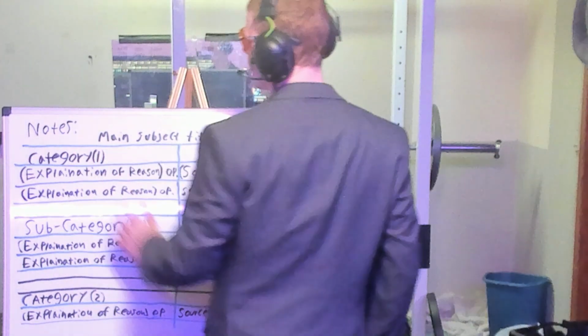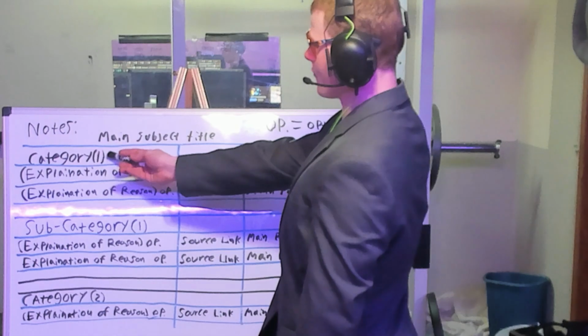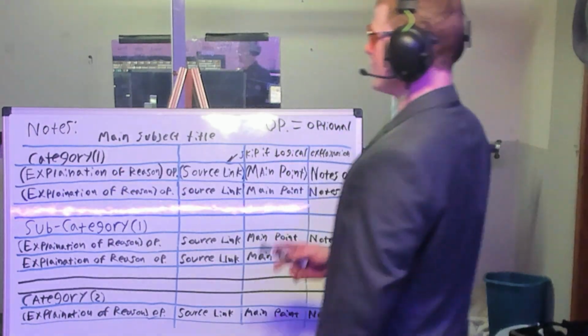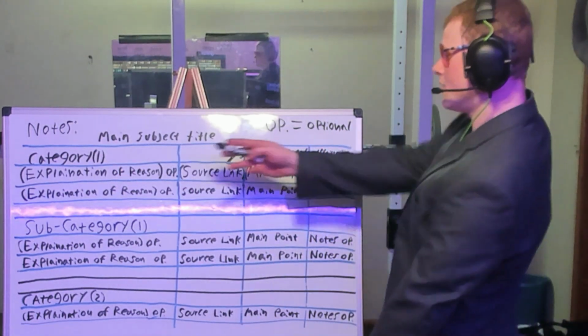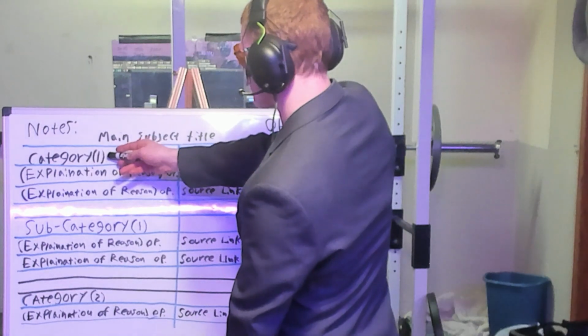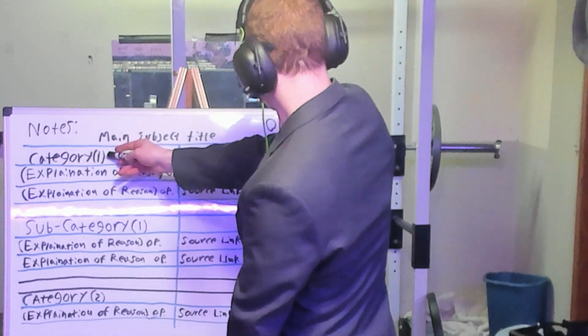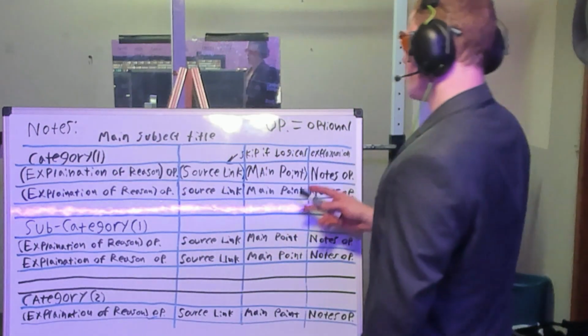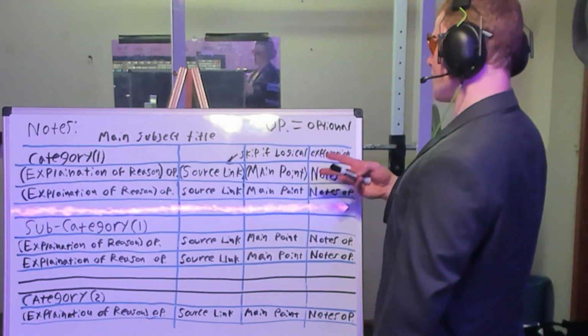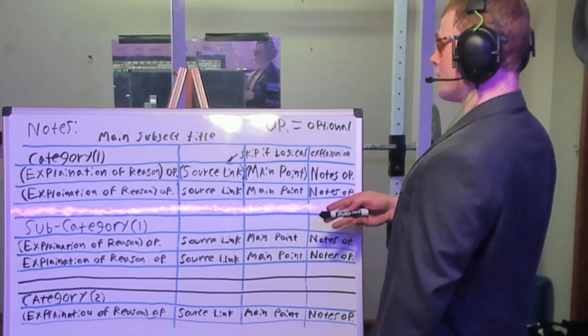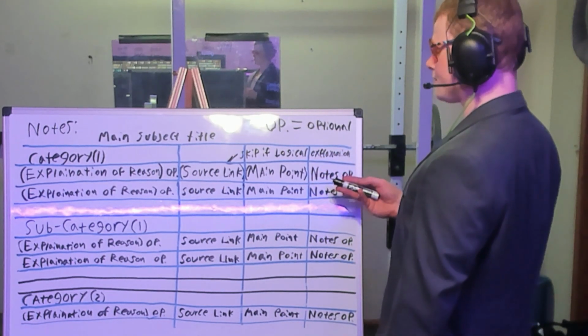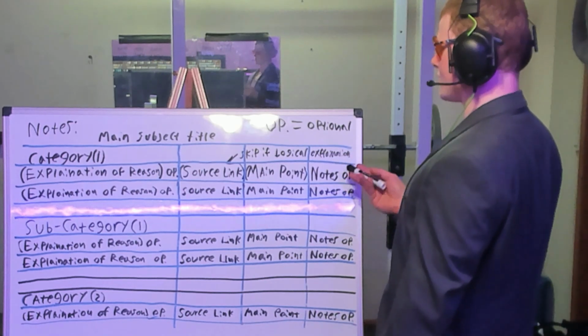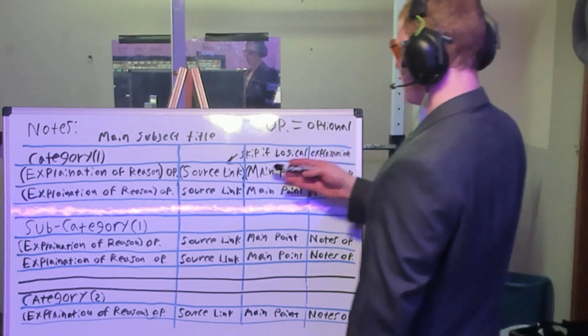First thing you're going to have is your category, your first category. In those categories that you are going to title whatever you want, those are going to consist of points or things, anything you mention.